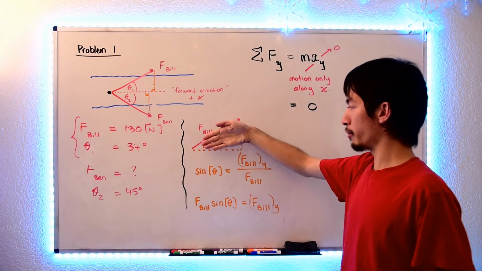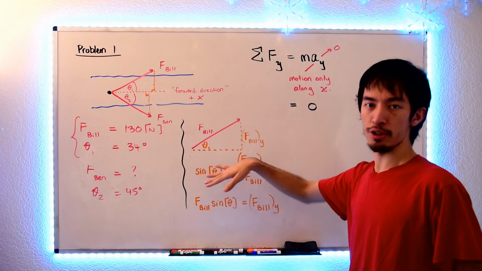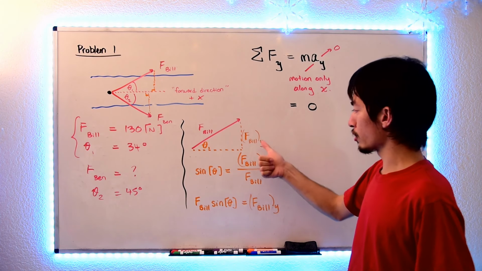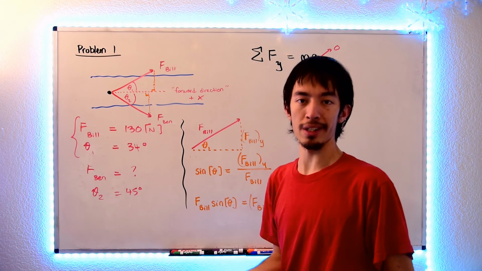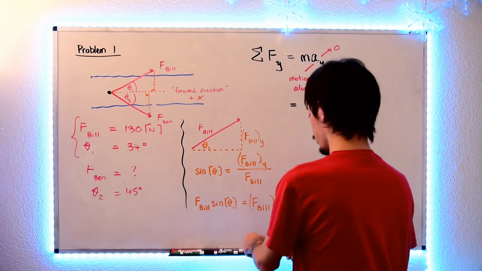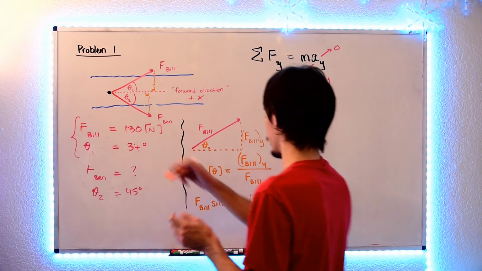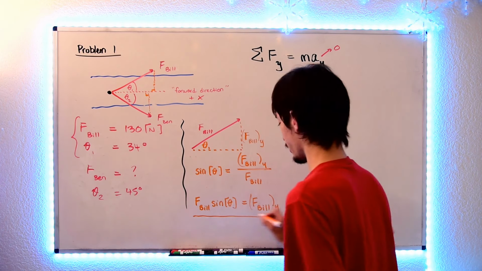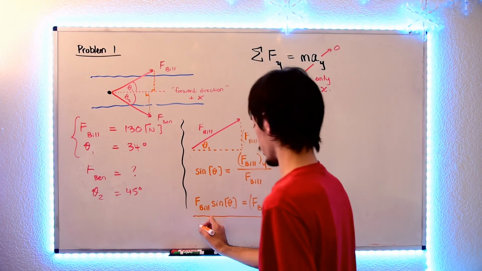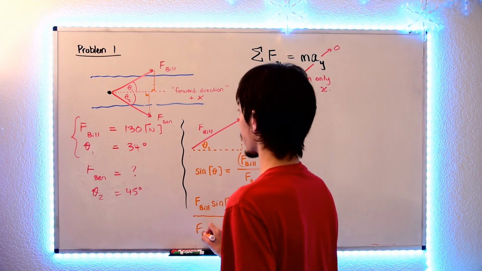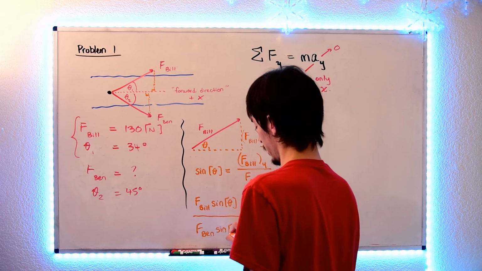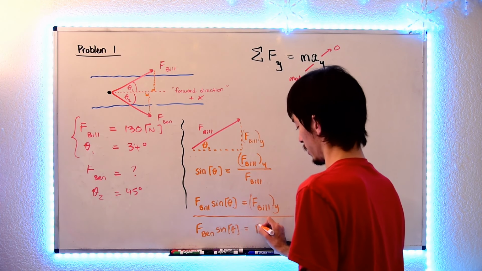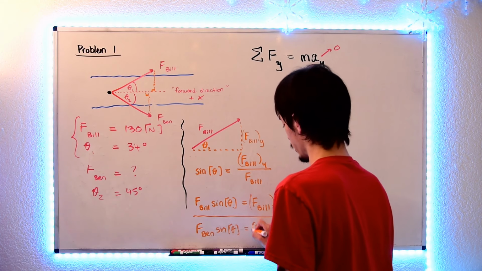It's basically the same triangle but flipped, just with different numbers. So the y component on the bottom triangle uses the same trig function for the same reason. By the same reasoning, if you want the y component, it would be force Ben sine theta equals force Ben y component.